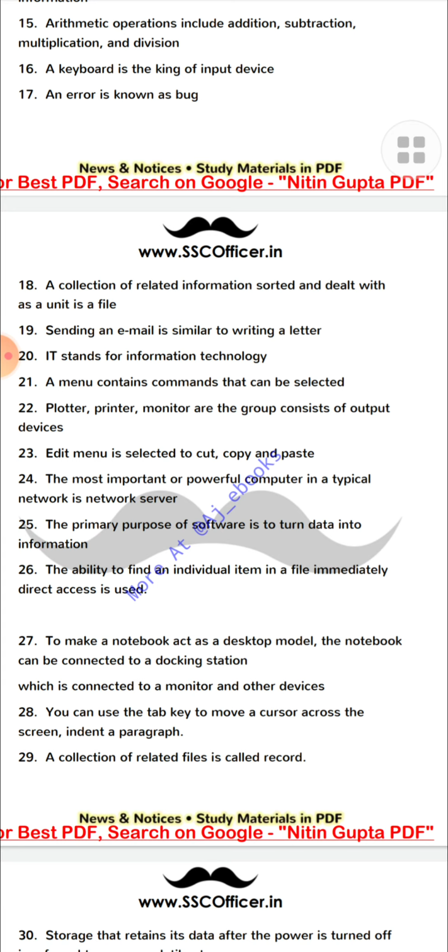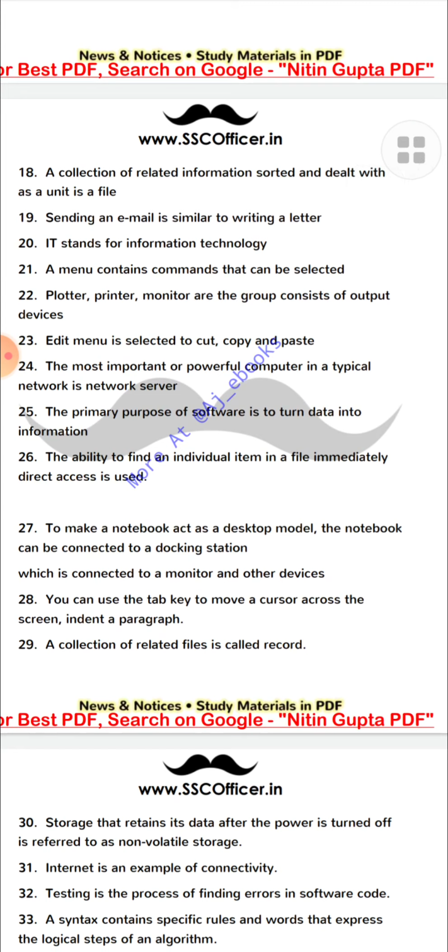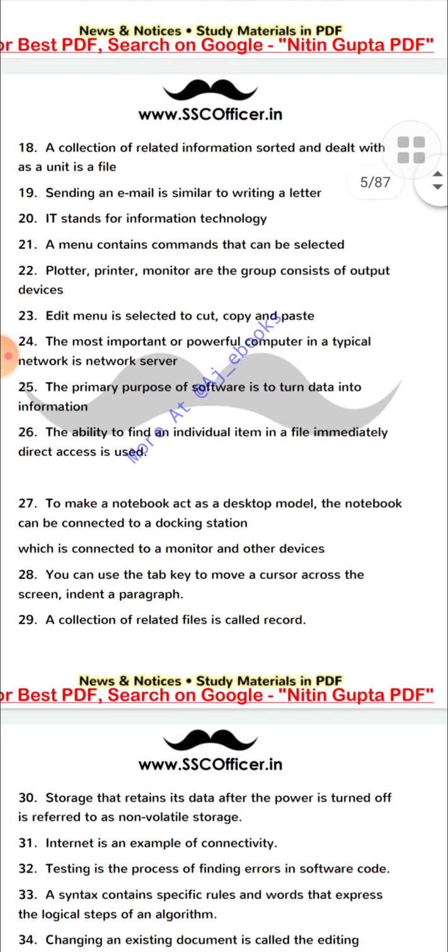The most important or powerful computer in a typical network is the network server. The primary purpose of software is to turn data into information. To find an individual item in a file immediately, direct access is used.